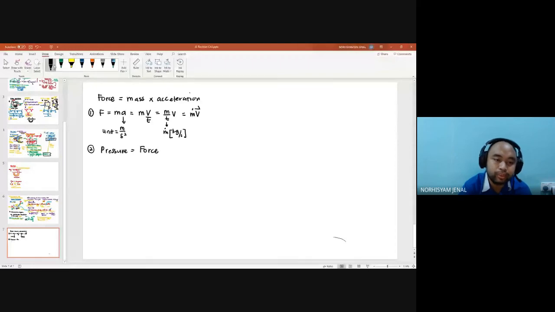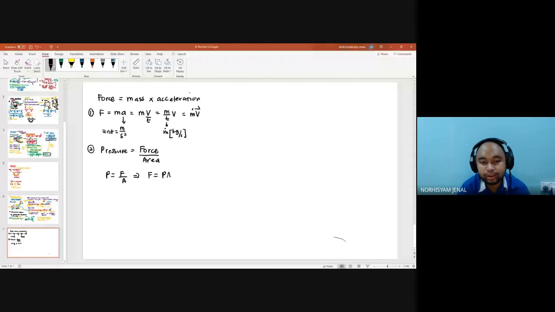So P is equal to F divided by A, so F is equal to P multiplied by A. Anything that is on the pipe, we will talk about in terms of pressure: force coming from pressure and area.